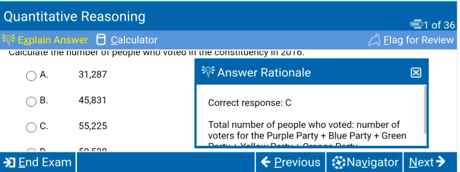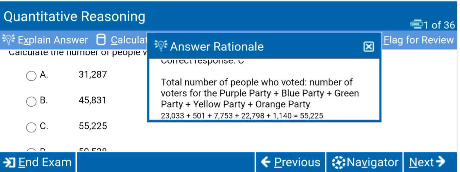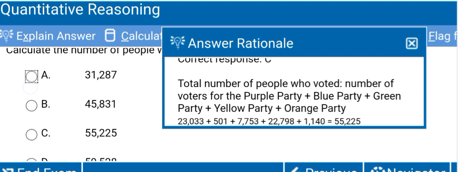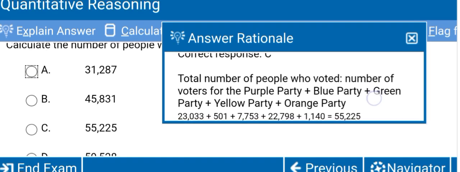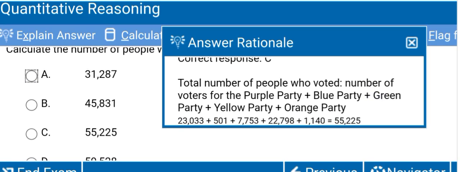So option C is the correct one, as the total number of people who voted is the number of voters for the purple party plus blue party plus green plus yellow plus orange, which are given as 23,033 plus 501 plus 7,753 plus 22,798 plus 1,140 respectively.